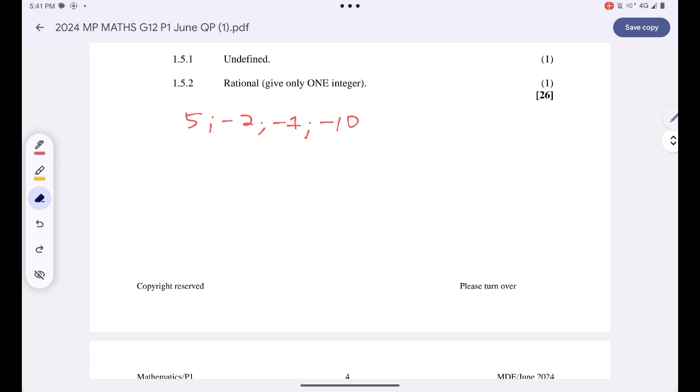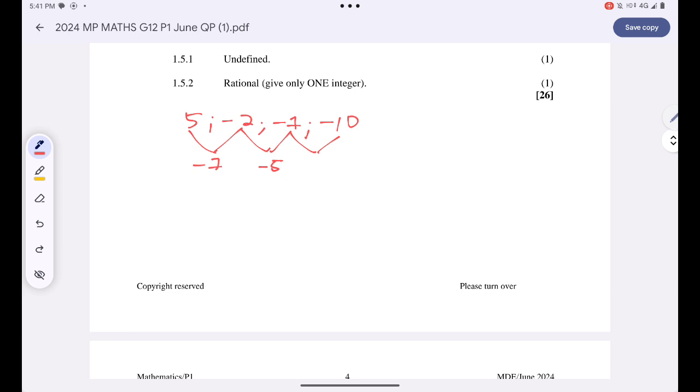Okay, let's try arithmetic. This particular sequence will be arithmetic if and only if the first difference is common. Let's check our first difference. I have -2 minus 5, this will give me -7, and then -7 minus -2, that's -5. Already I can see that the first difference is not common.